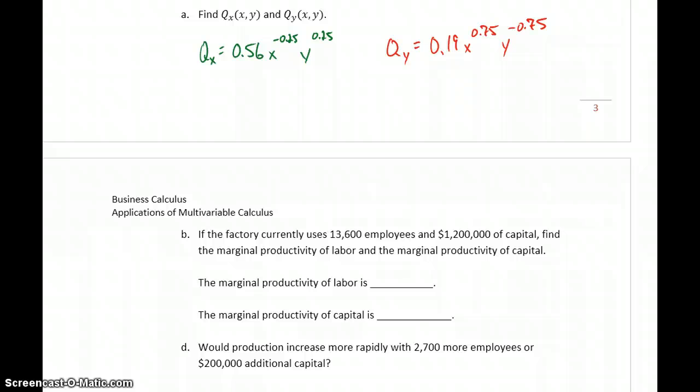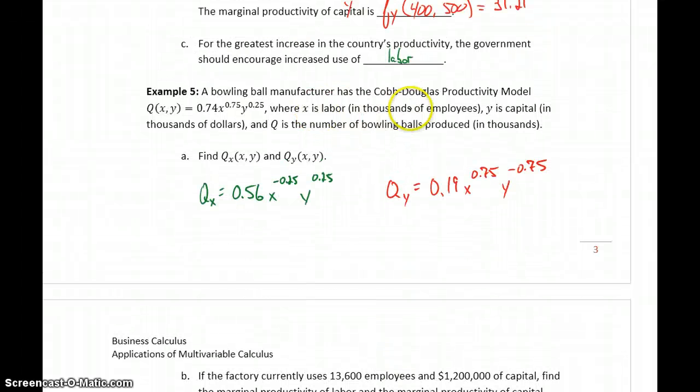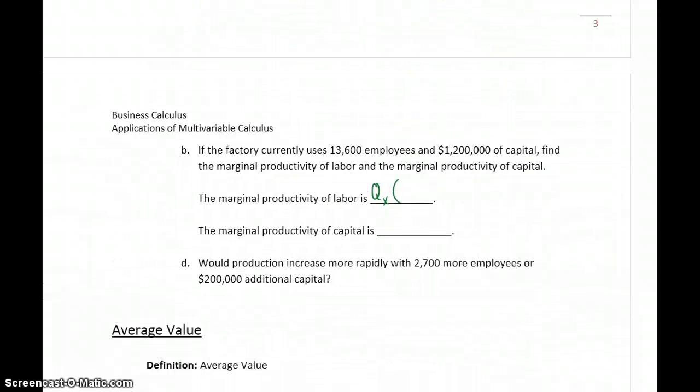So similar to what we did in the last example, to get the marginal productivity of labor, we'll evaluate the first derivative with respect to x, evaluated at 13,600 and 1,200,000. Keeping in mind, though, that x should be in thousands and y should be in thousands.